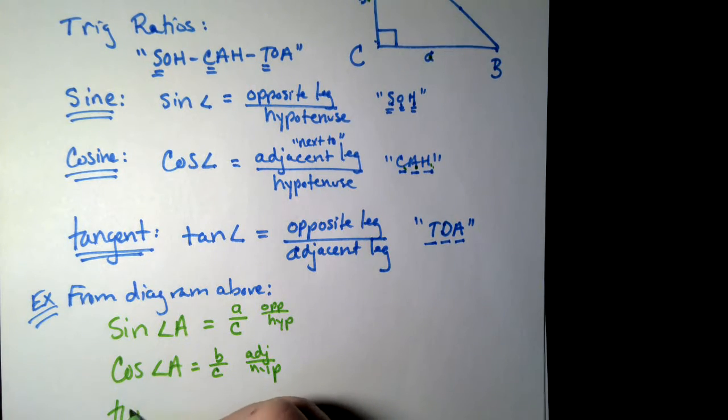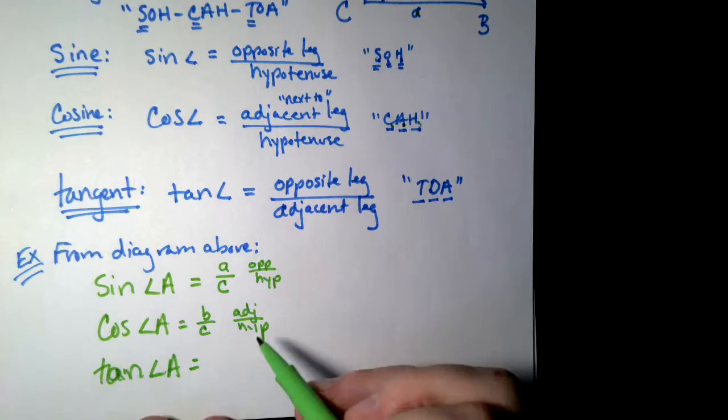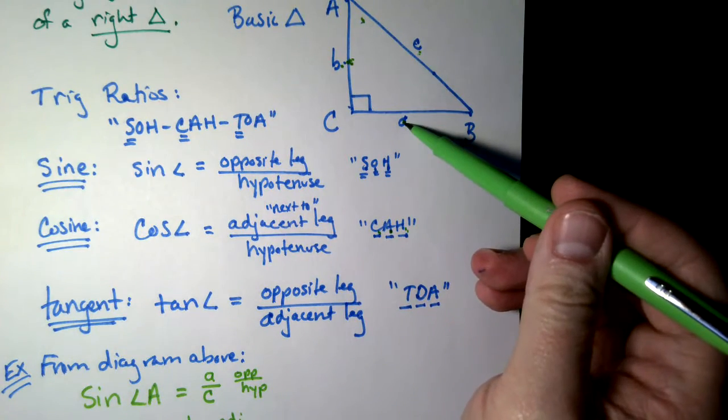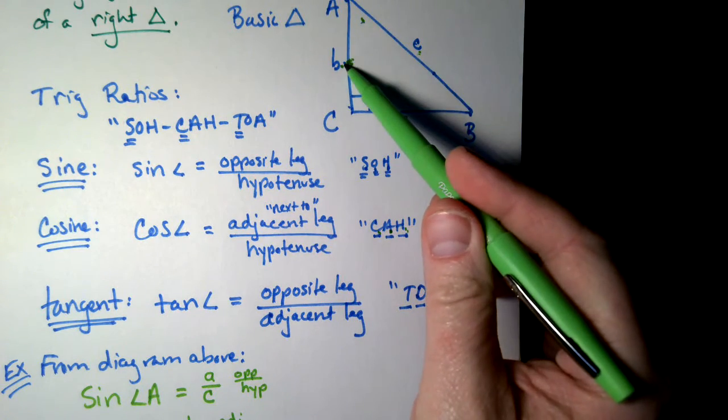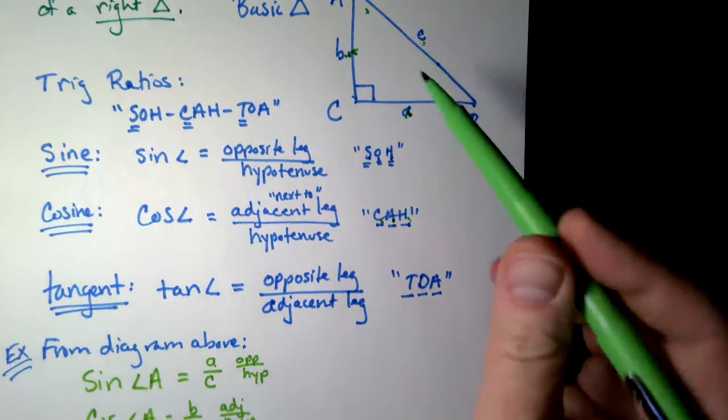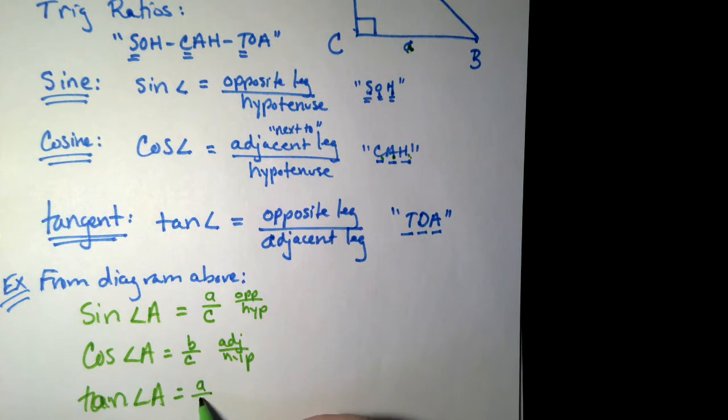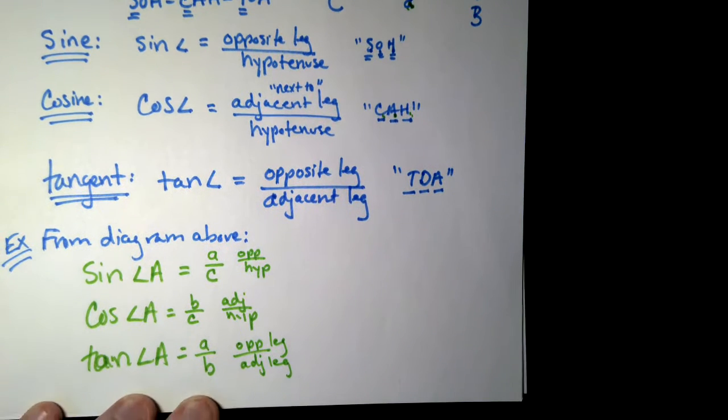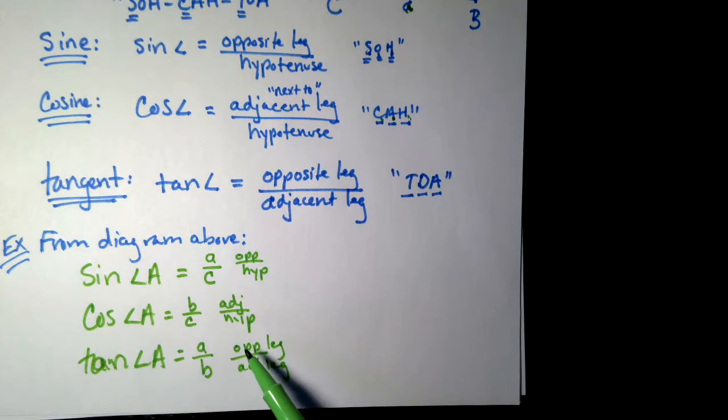Then tangent of angle A is going to be the opposite leg over the adjacent leg. So it's a over b, not the other way around. a over b. Opposite over adjacent. After a while, we'll stop using leg, but it's opposite over adjacent.